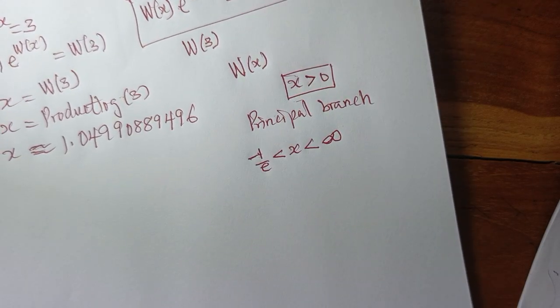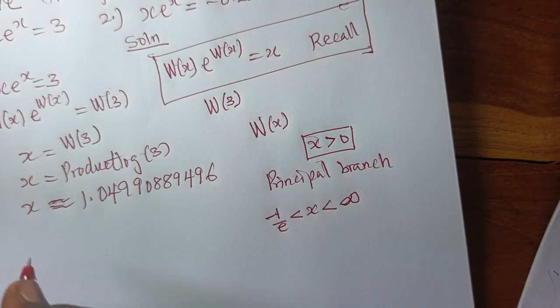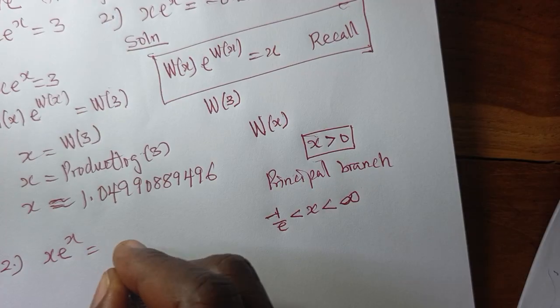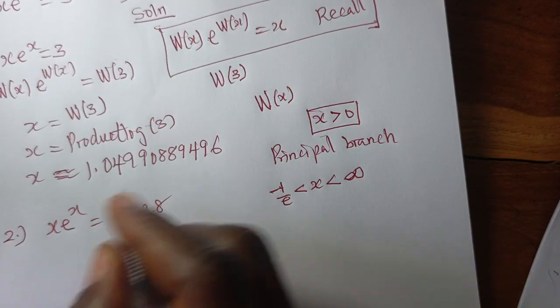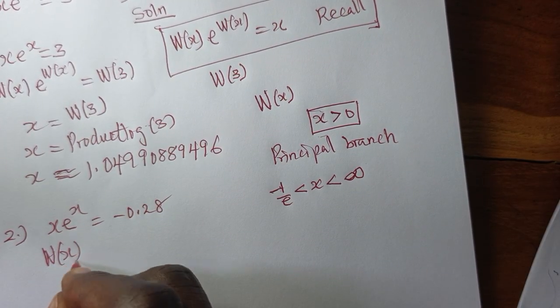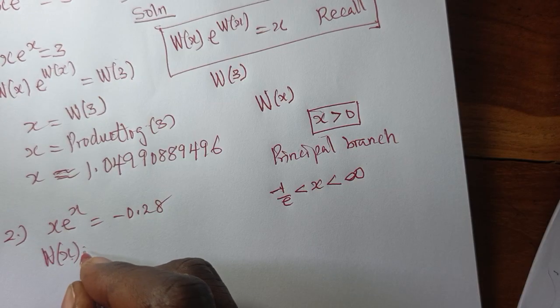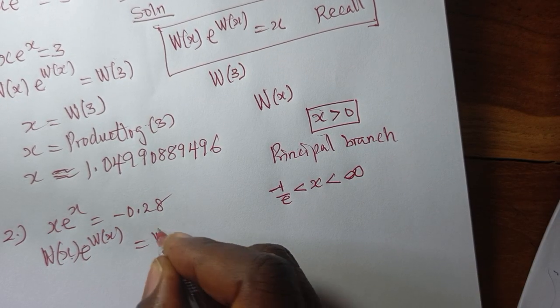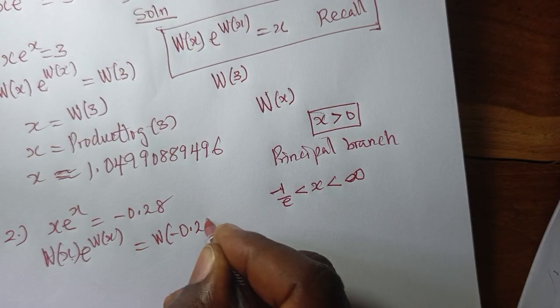Now let's move to the second equation that we are given. So we have equation 2: x multiplied by e raised to power x equals minus 0.28. Taking Lambert W function on both sides of the equation, we have Lambert W function of x multiplied by e raised to power Lambert W function of x equals Lambert W function of minus 0.28.